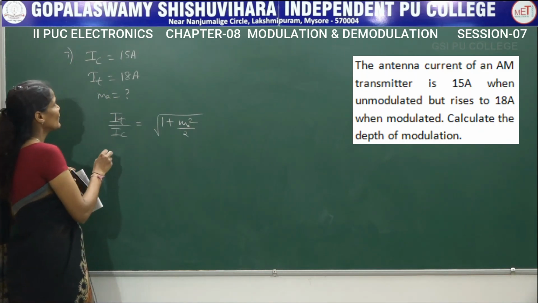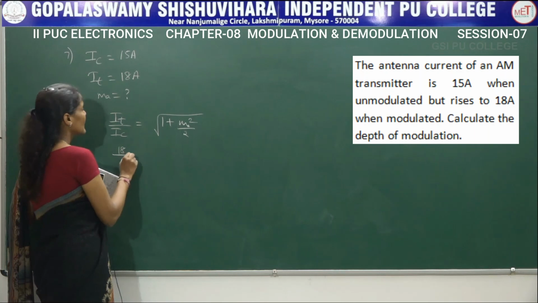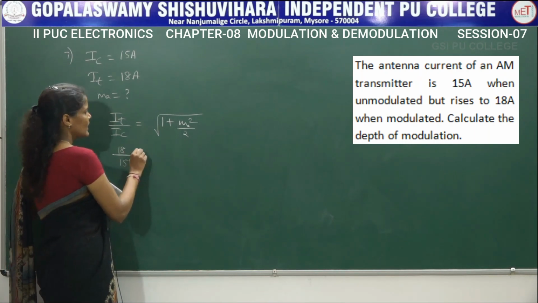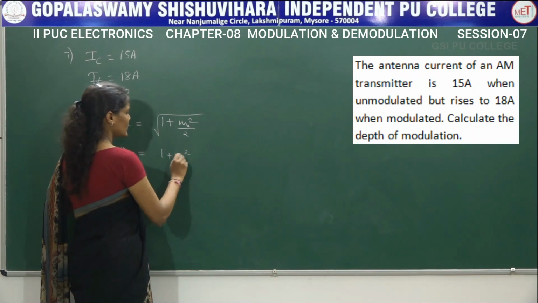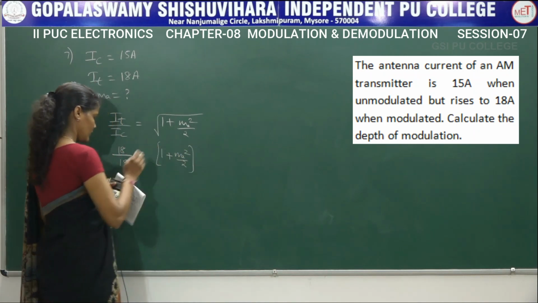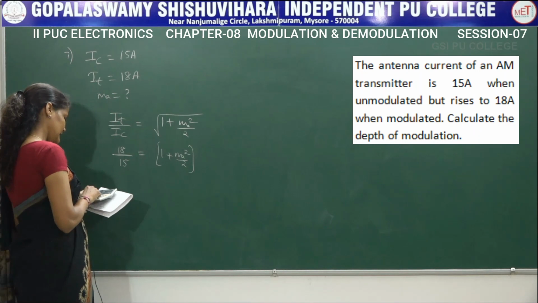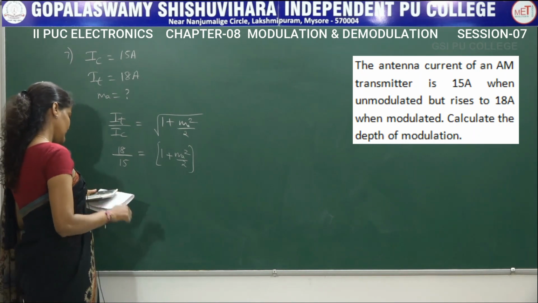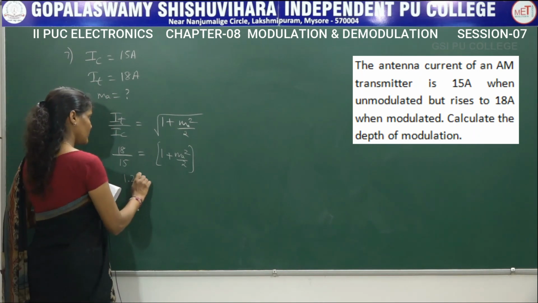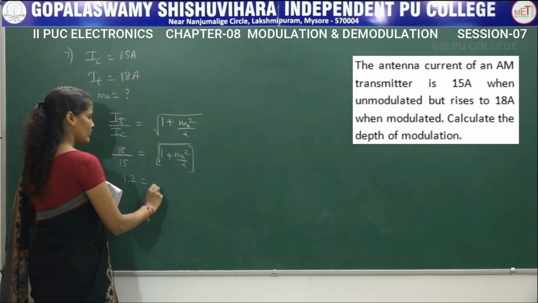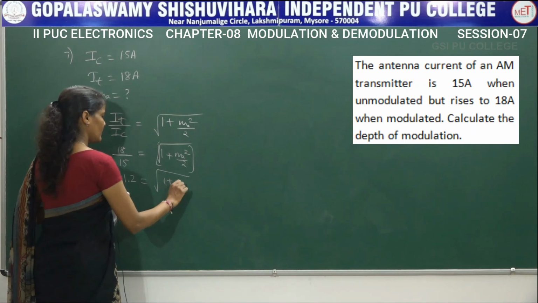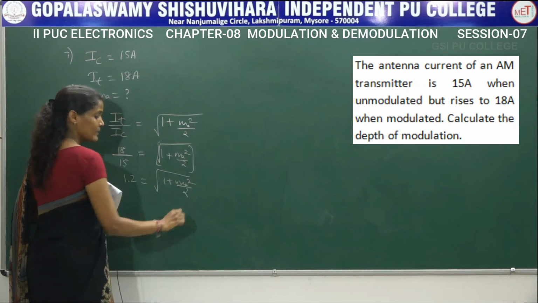So IT value is 18, IC value is 15, which is equal to root of 1 plus MA square divided by 2. 18 divided by 15 gives me 1.2. Here I forgot to write this root symbol. 1.2 equals root of 1 plus MA square divided by 2.